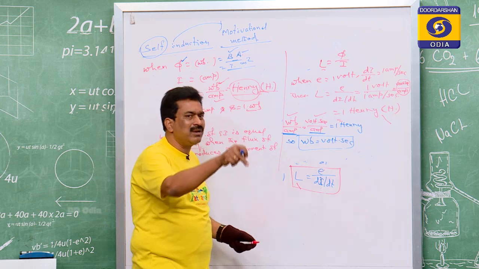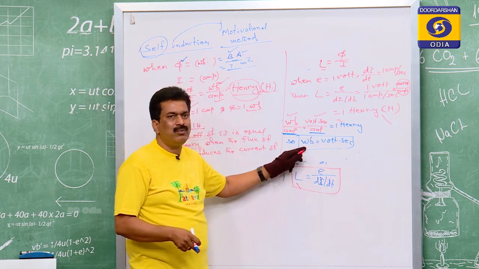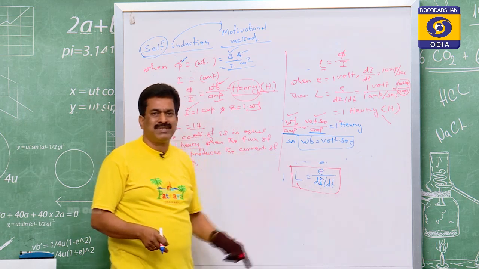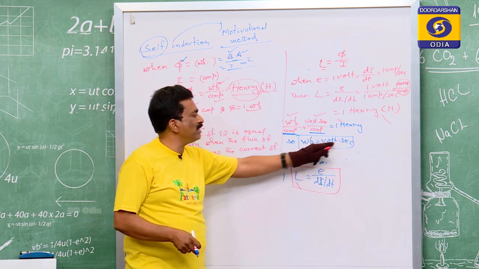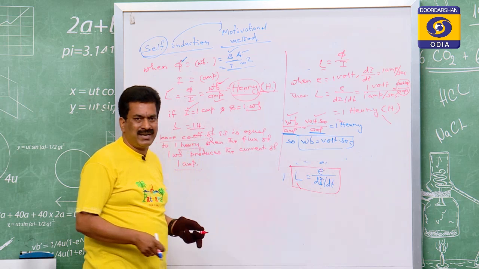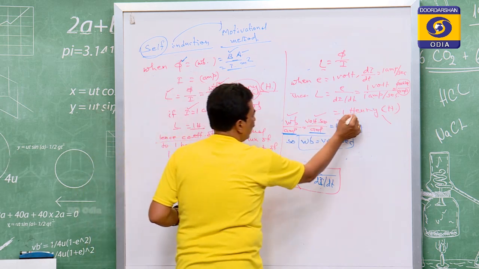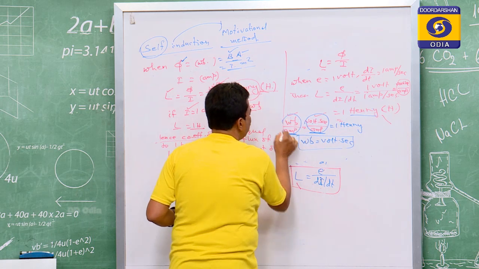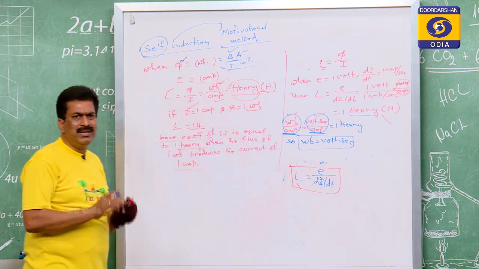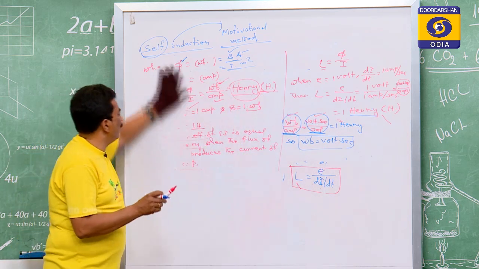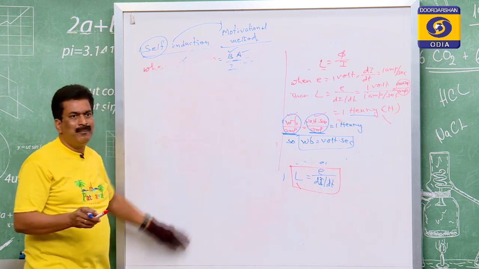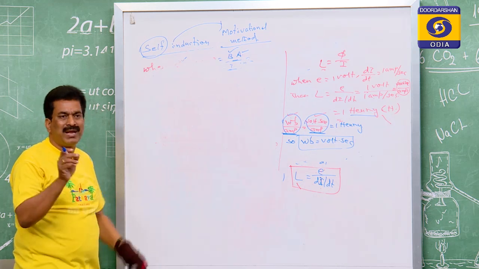But if the question comes to indirectly define the Weber in terms of the voltage, or the second, then you have to write Weber is equal to volt into second. So if this Henry looks like volt second by ampere, and this looks like Weber by ampere, they have different names. But if they correspond to the same quantity, they must have the same dimension.